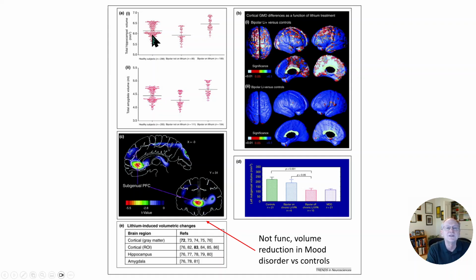Up here you can see bipolar with lithium. There it is, higher. And over here, this is bipolar with lithium versus controls. Blue is bad here, and it goes without saying. Not being on lithium, being off your lithium, we see these atrophic, or gray matter reducing effects.